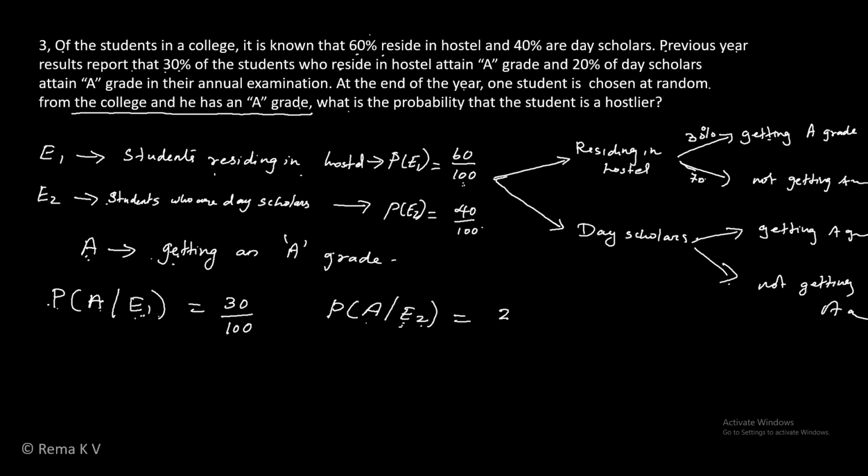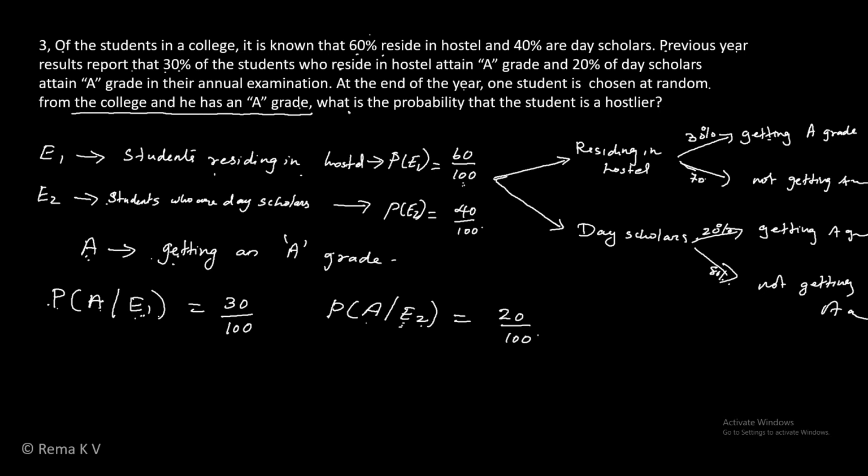Okay, it is 20 by 100. It is given that 20% of the day scholars are getting A grade and the remaining 80% are not getting A grade. I hope this part is clear to you.